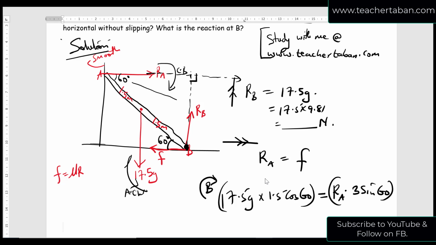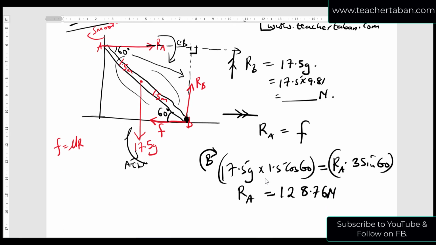And since the angle is pointing there, then we use 3 sin 60. So simplifying this, we shall get that our RA is equal to 128.76 newtons. Please do the substitution of g, and you'll find that RA will be equal to that.